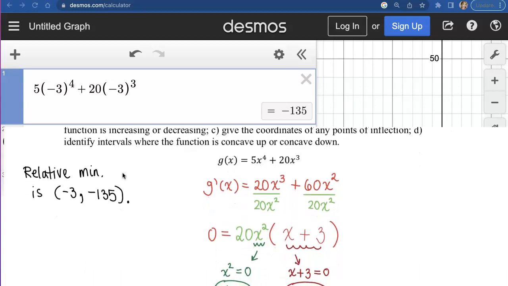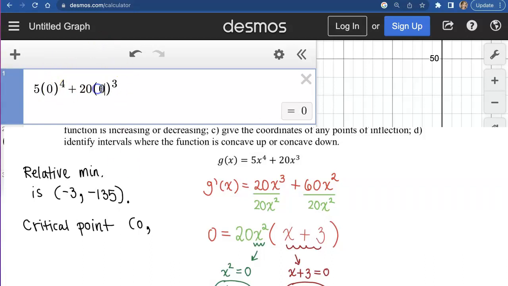Now, there was another critical value, right? Critical point 0. Now, what's the y value when we plug in 0? 0, 0. What comes out? 0. Critical point 0, 0 is neither relative minimum or relative maximum.